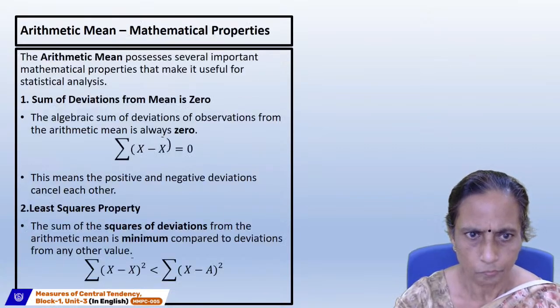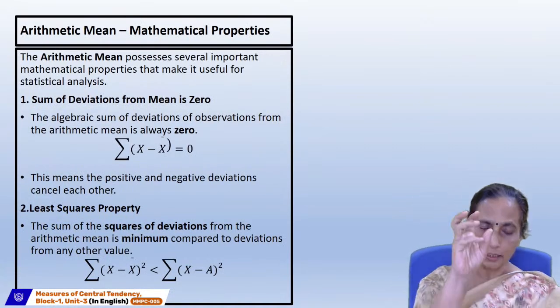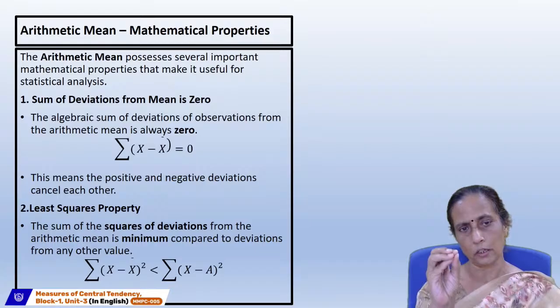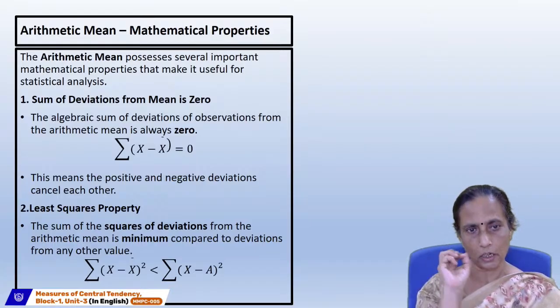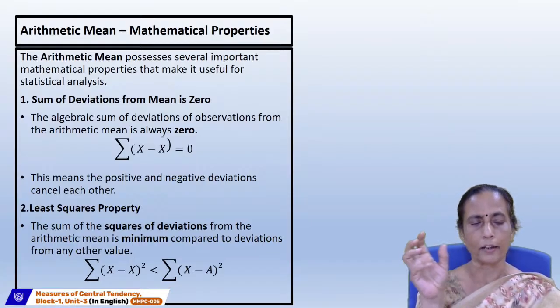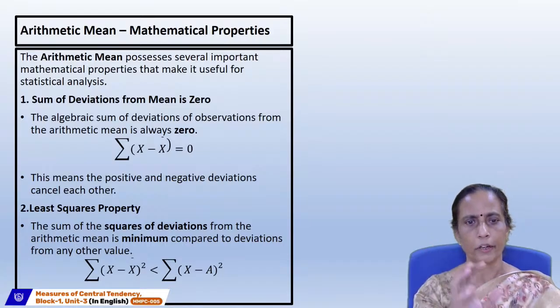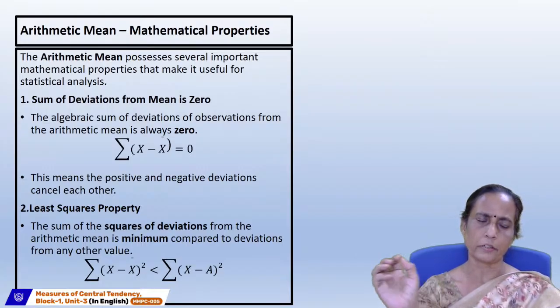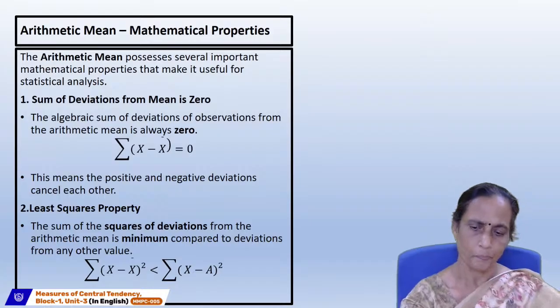So the algebraic sum of deviations of observations from the arithmetic mean is always 0. So x minus x bar, if you take a sum of it, then it will always result in 0. This means the positive and negative deviations cancel each other.